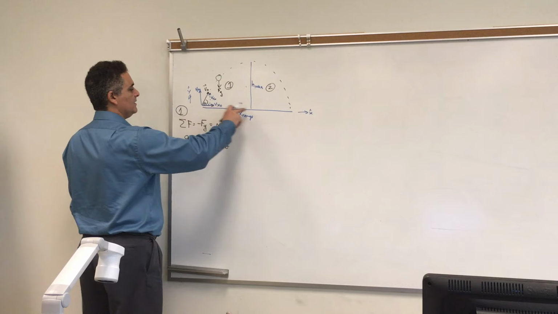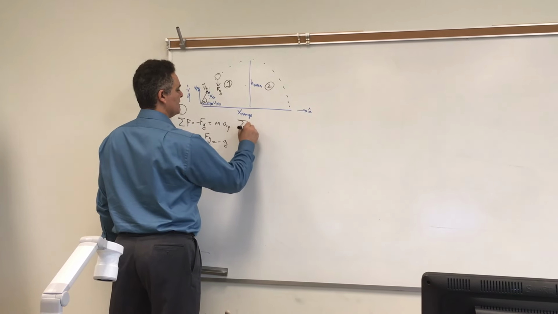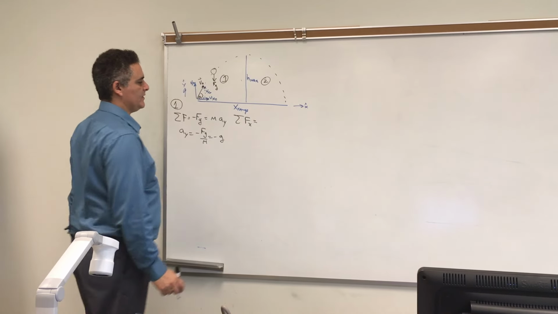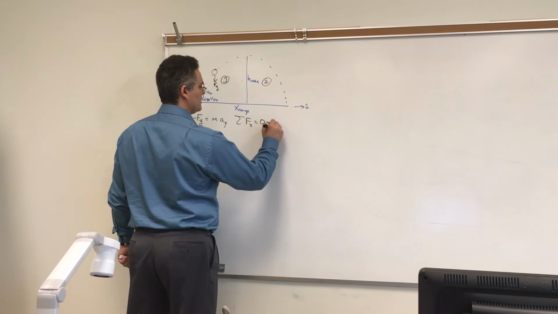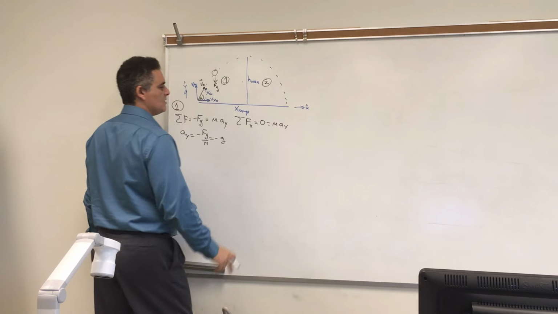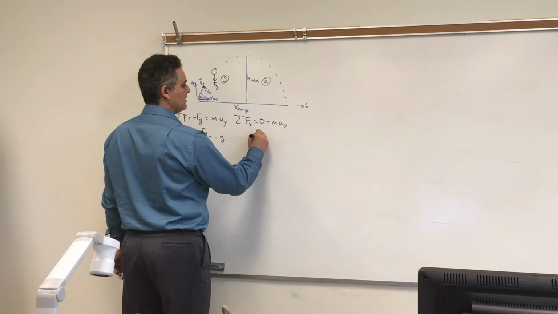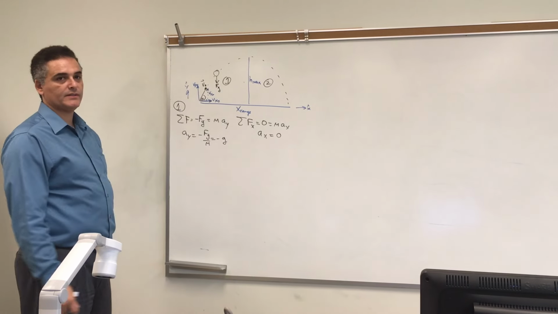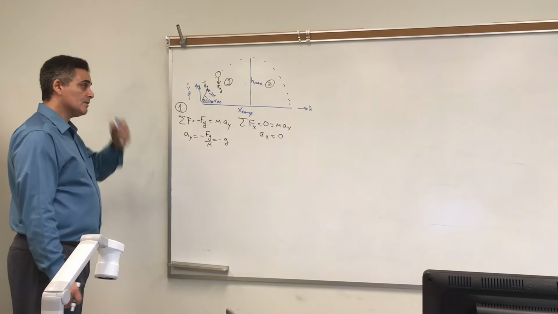In the x direction, the sum of all forces is what? There's no forces in the x direction, right? So 0 equals max. So what is the acceleration in the x direction? It equals 0, because there's no forces in this direction. So we're really good.